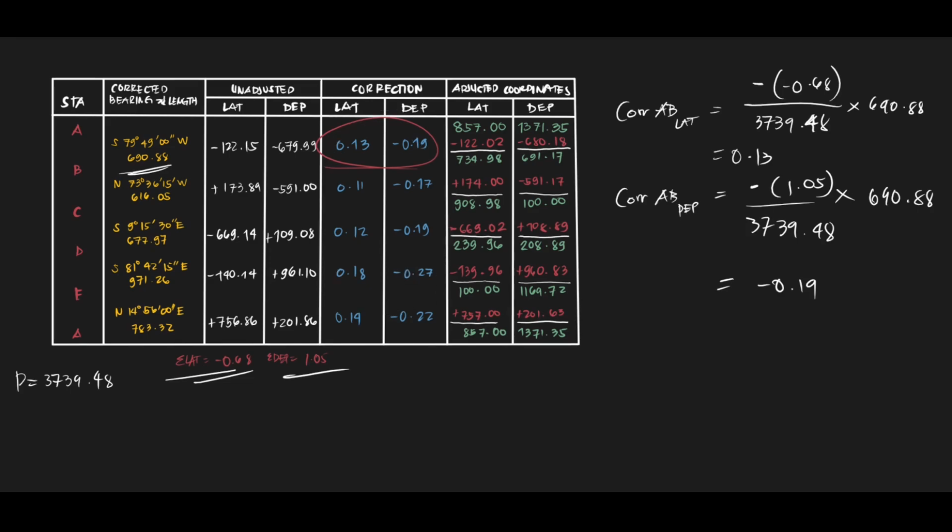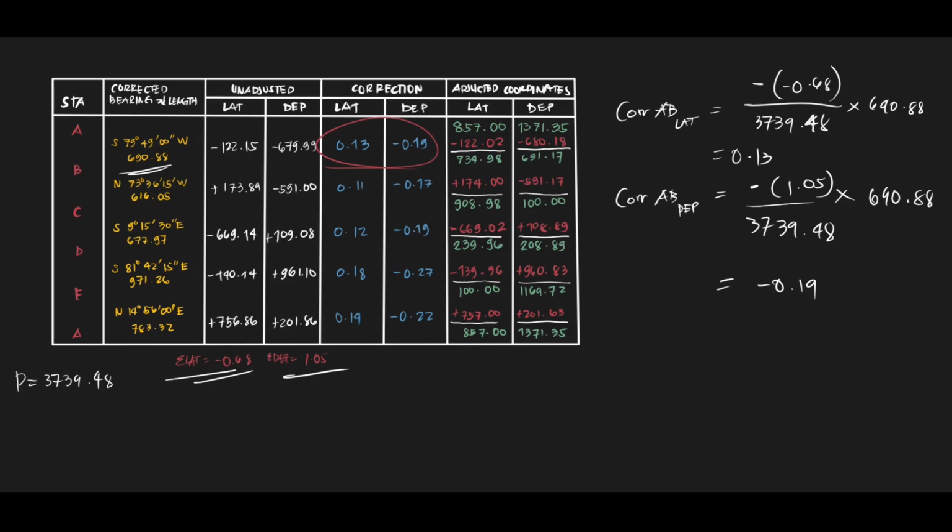Now, since we've already calculated the corrections, you can double check them. Our latitude corrections should sum up to 0.68 for it to cancel out all of the error, and the departure corrections should sum up to 1.05.